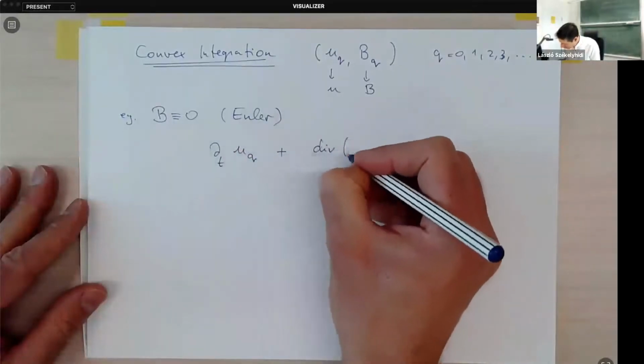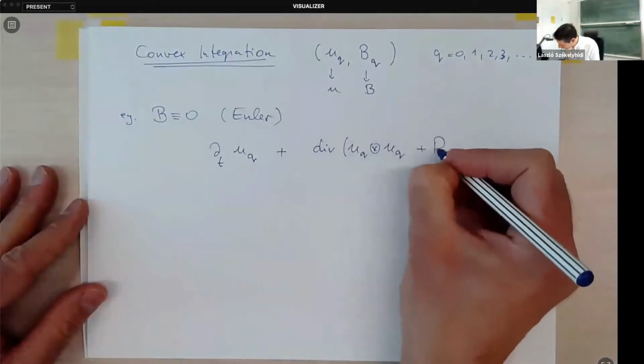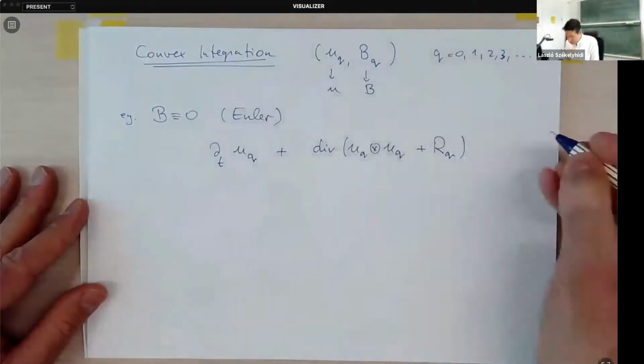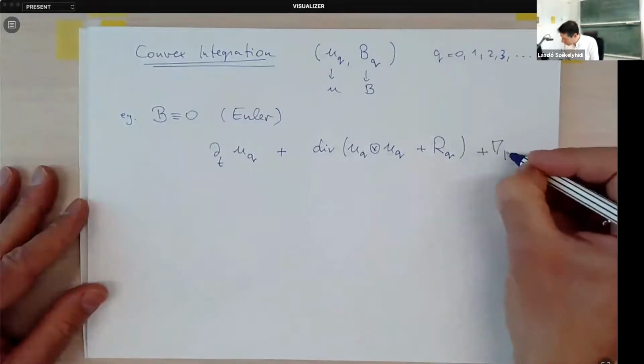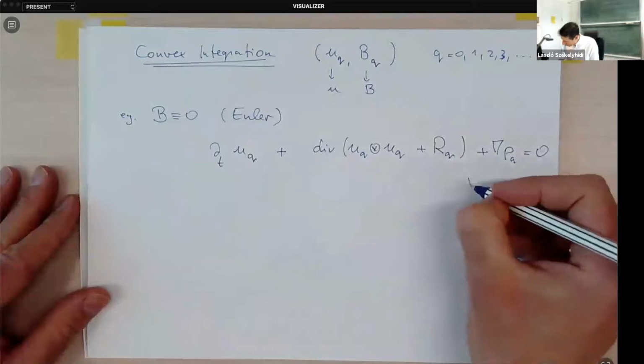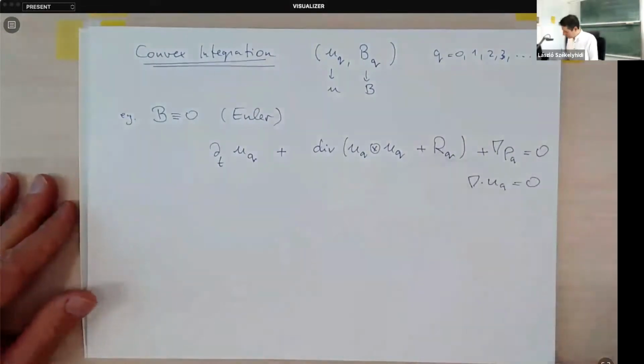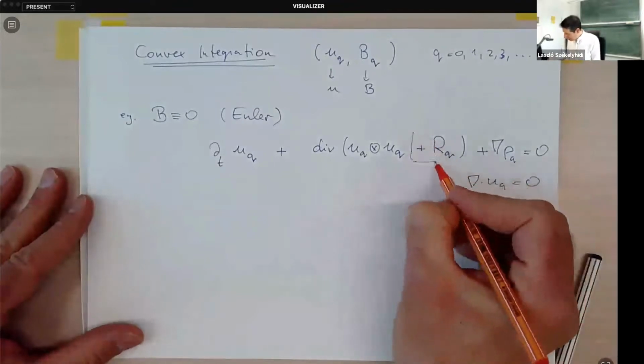It's not a solution of Euler because there is a certain defect, which is Reynolds stress type. And of course, divergence of U_q is 0. This is the error term.